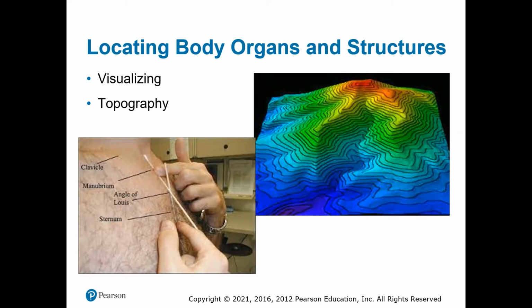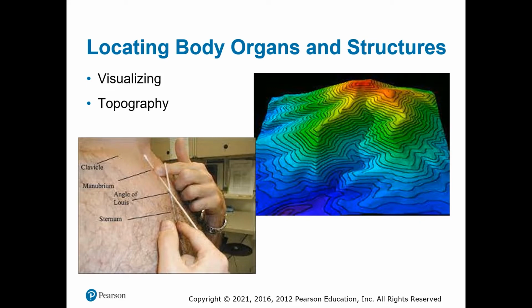So, visualizing in topography, it's important to know where things are on the body, like the angle of Louis. That particular spot is basically the protrusion that comes out on your sternum, and from that angle of Louis we can go to different areas, and we know that if you go to the left of the angle of Louis, it's going to be the heart and the lungs, the upper lungs.